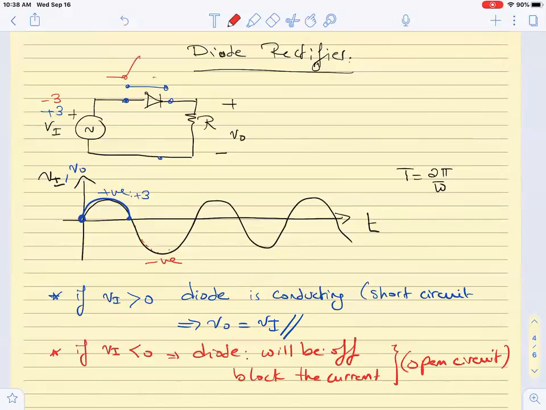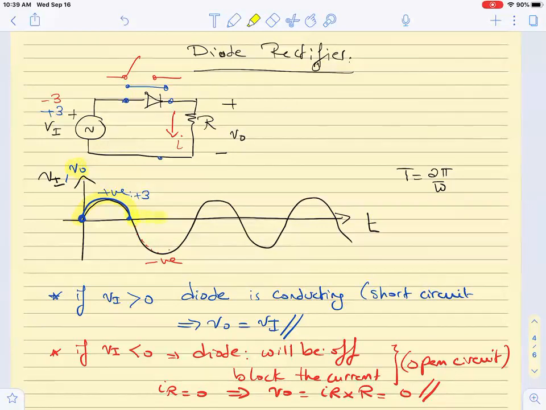It will block the current. So how much is the current flowing through R? What is the current I flowing here? It will be zero. IR is zero, so what is V out? It is also zero. IR times R is zero. So what is V out going to be here?